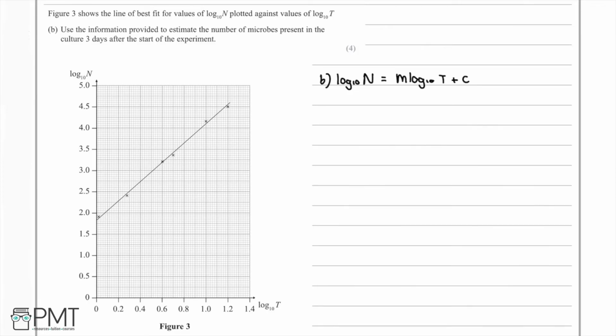So we're asked to use the information provided to estimate the number of microbes present in the culture 3 days after the experiment starts.